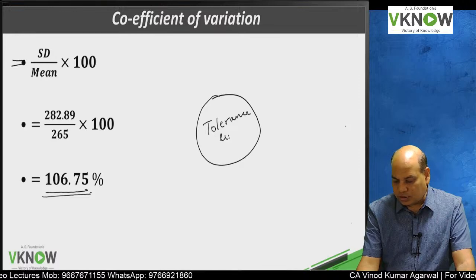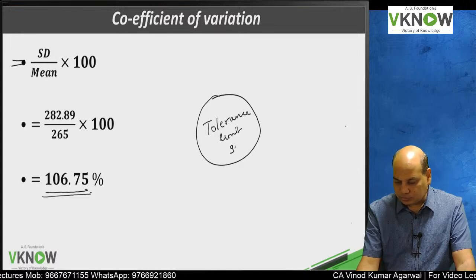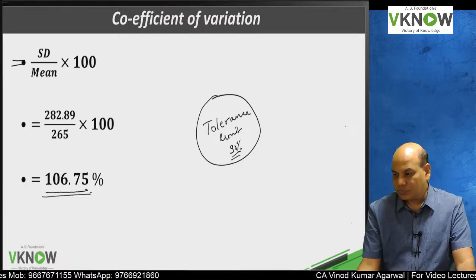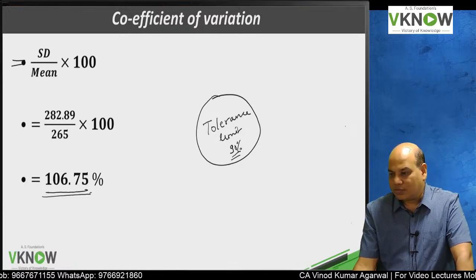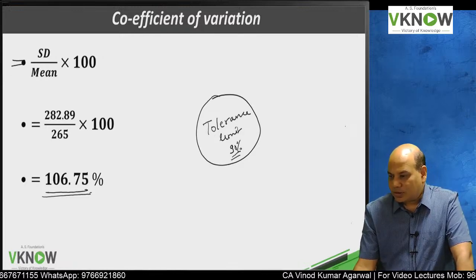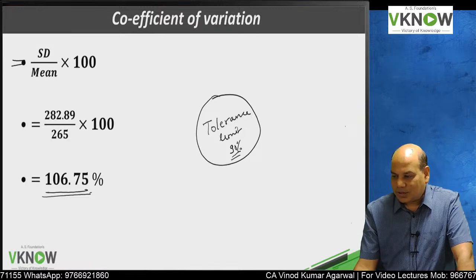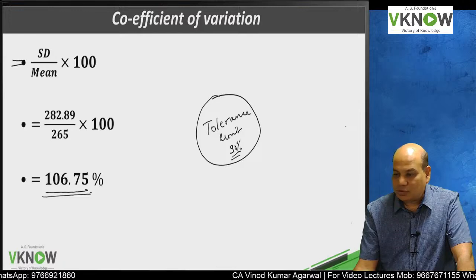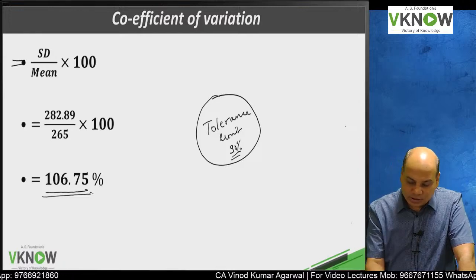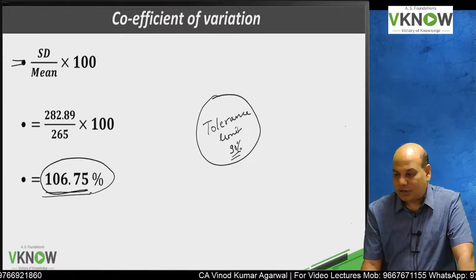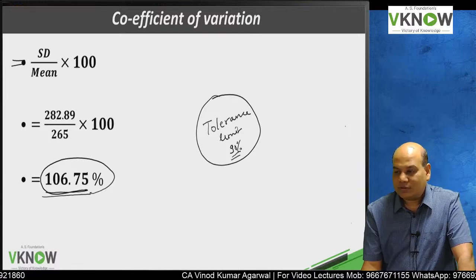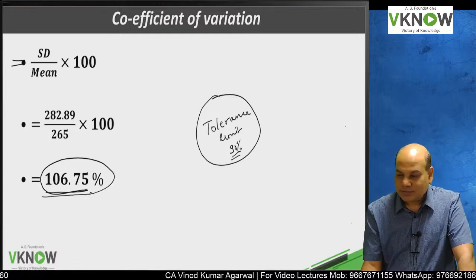What is your tolerance limit? 90%. You are saying that if the coefficient of variation, that is risk as a percentage of return, is 90%, I am going to accept. But here my risk as a percentage of return is more than 90%.